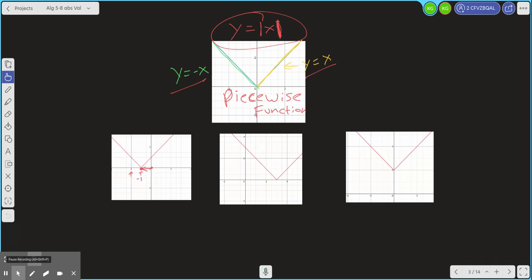So this has been translated left, and translated means moved but not changed in any other way, just like slid over. Translated left 1 unit.